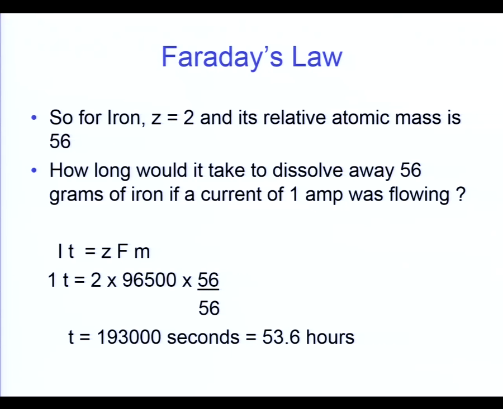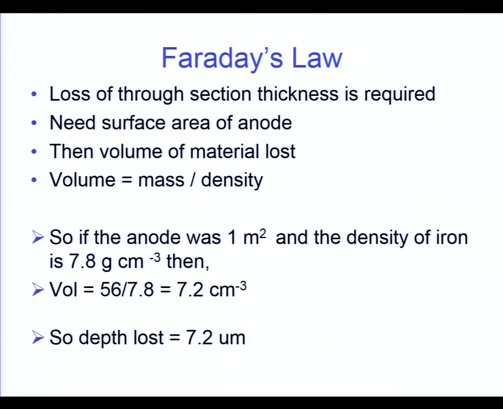And the volume relates to the mass divided by the density. So if we've got the mass, which we have from our Faraday law calculation, then given the density of the material, we can back calculate. And again, iron is the predominant component of steel, so we'll take the density of iron, which you can look up in tables, and it's 7.8 grams per cubic centimetre.